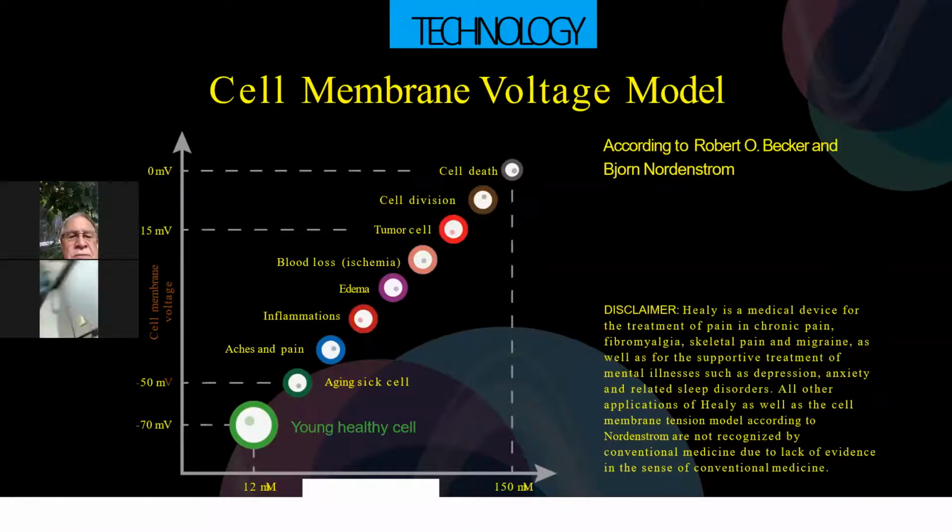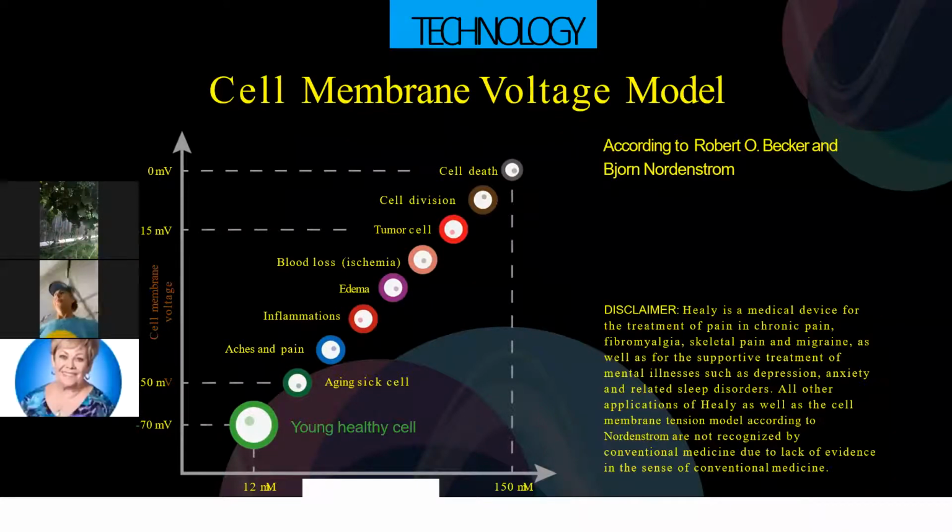Now, as we go forward, as we age, we encounter stress, we encounter toxins, and that starts weakening our cells, and they start decreasing in voltage value. And Healy begins the process of restoring healthy cells, starting with what we resonate with the most. So that's if you're using the resonance unit.